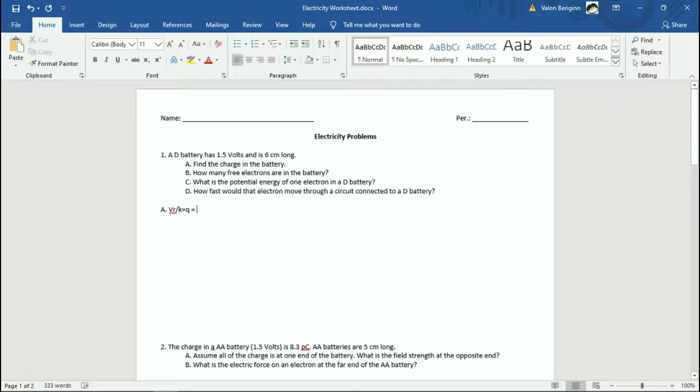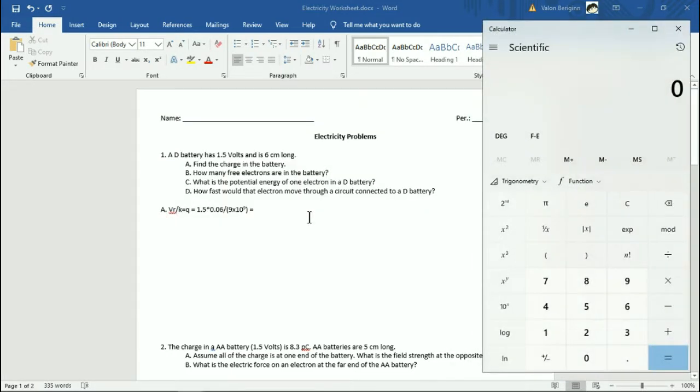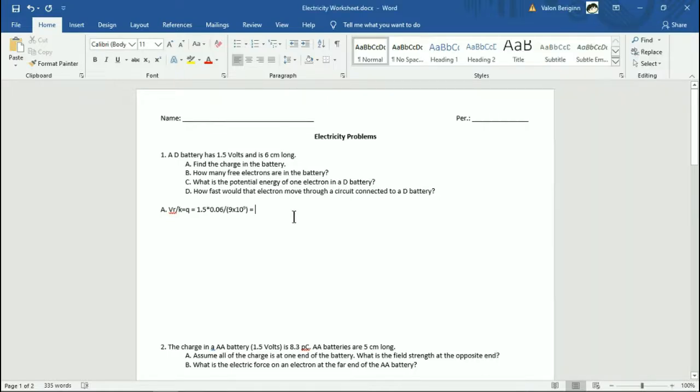So our Q is going to be V, 1.5, times R, which is 6 centimeters, so 0.06 meters, divided by 9 times 10 to the 9. This is going to equal 1.5 times 0.06, so 0.09, divided by 9.